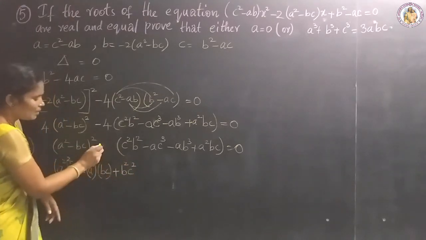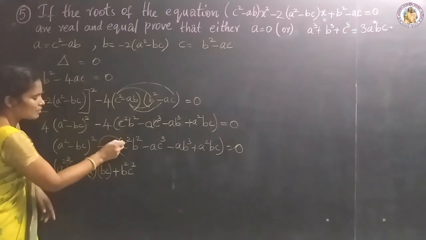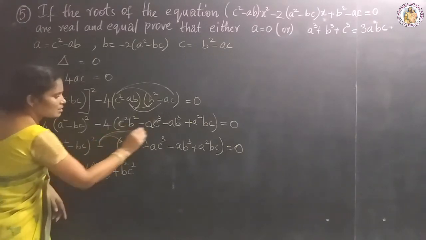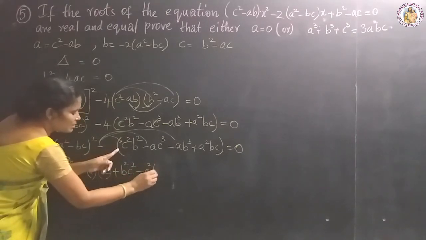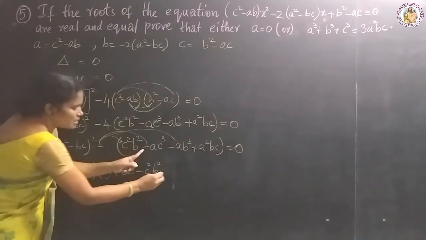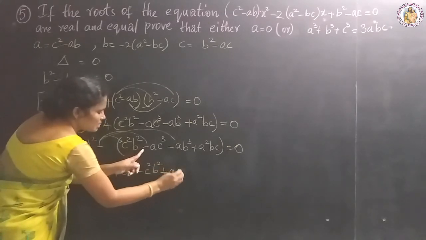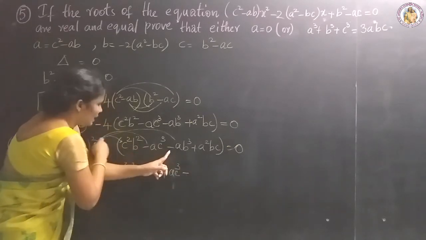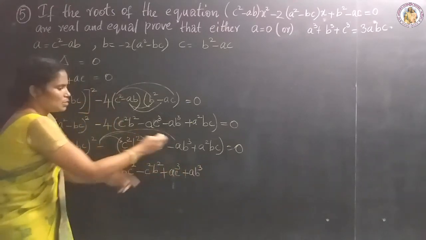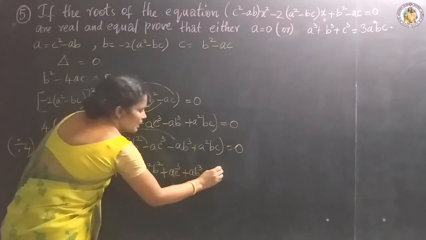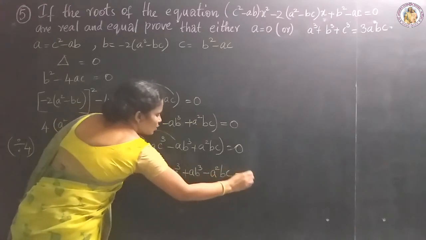Okay. And now multiply with this minus to all the terms. Plus into minus, minus c²b², minus into minus plus ac³, minus into minus plus ab³, and minus into plus minus a²bc is equal to 0.